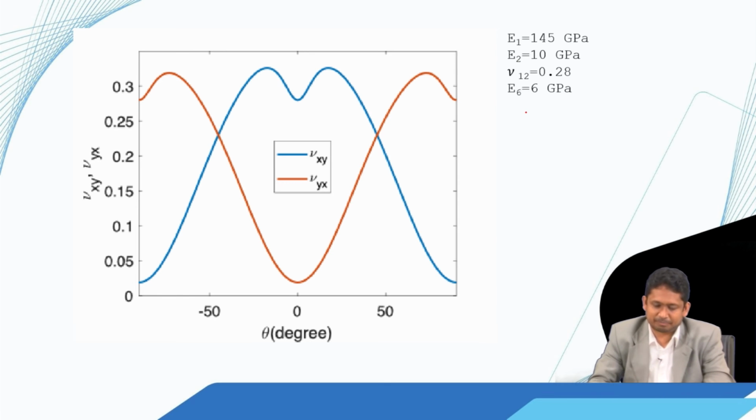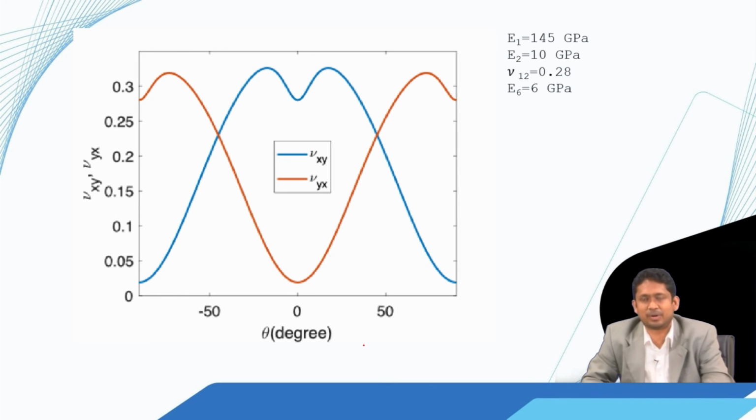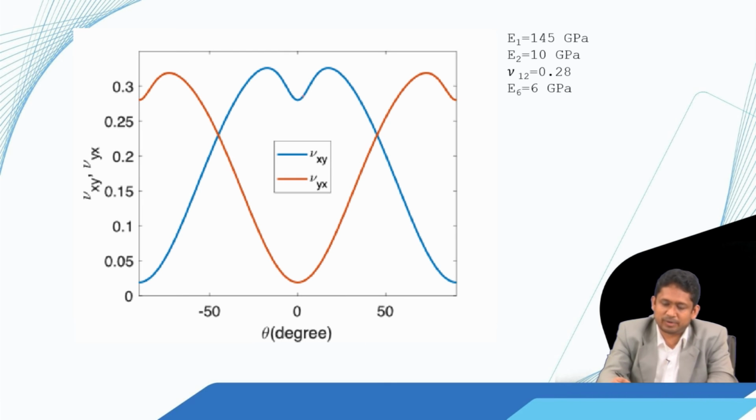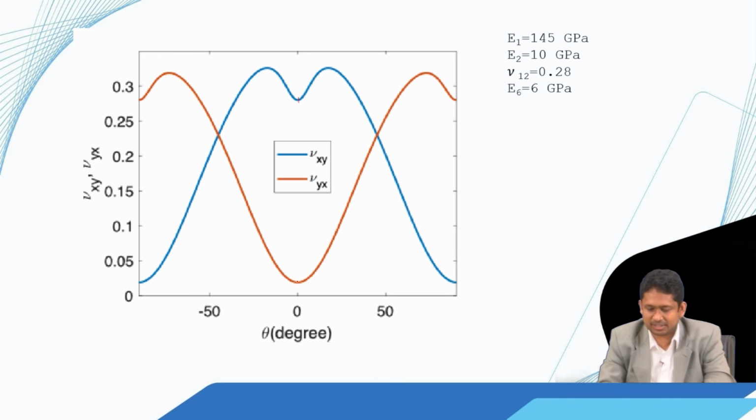Now, let us see the variation of nu xy and nu yx. When theta is equal to 0, nu xy is equal to nu 12 and nu yx is equal to nu 21, and both these graphs are symmetric with respect to theta equal to 0. When theta is equal to 90 degrees, nu xy is equal to nu 21 and nu yx is equal to nu 12.